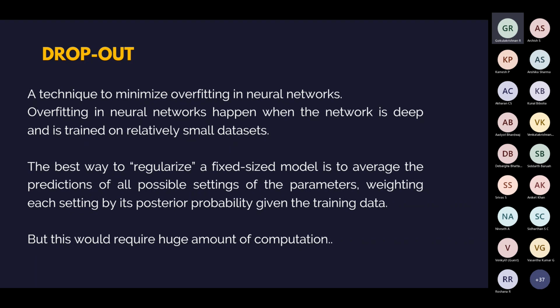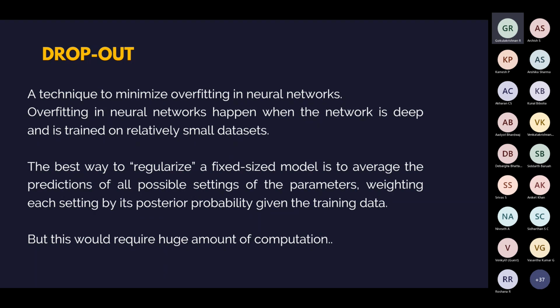I think it was taught in session 4 or 5, you can look this up. But this would take a huge amount of computational time and power in the case of deep neural networks, where we have hundreds of layers and hundreds of neurons in each layer.